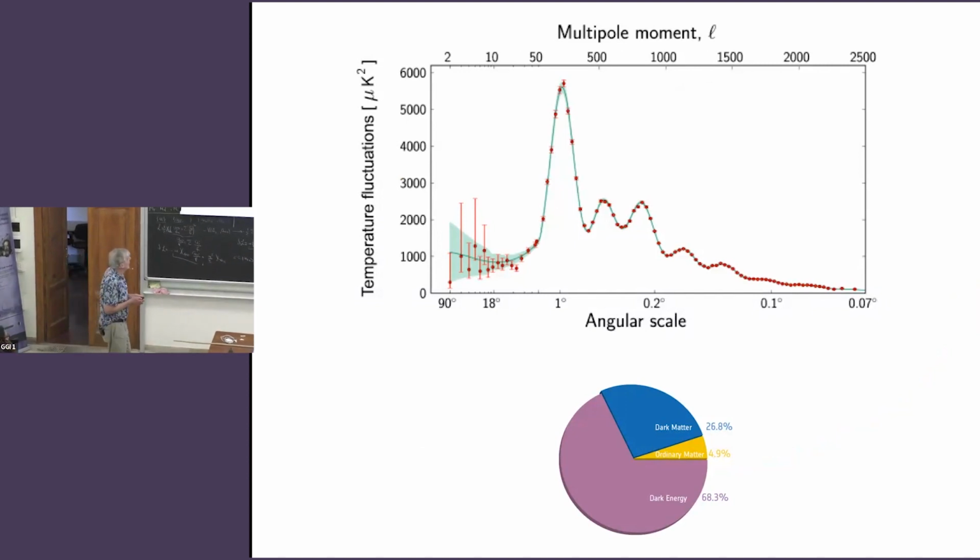And as you know, the ingredients are dark energy, dark matter, and baryons. So this is what we know about dark matter for sure, and everyone has agreed upon.